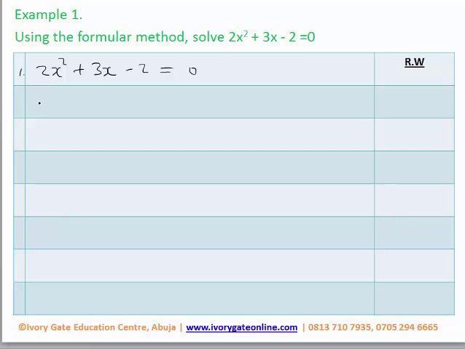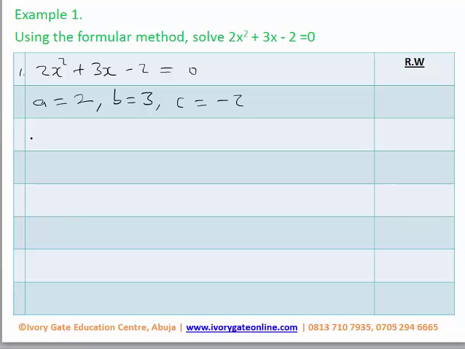Here the constant a is equal to 2, b is equal to 3, that is, this is a, this is b, and this is c. Then c is equal to minus 2.